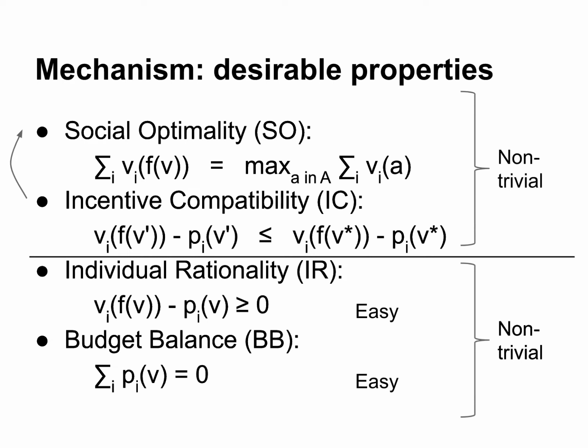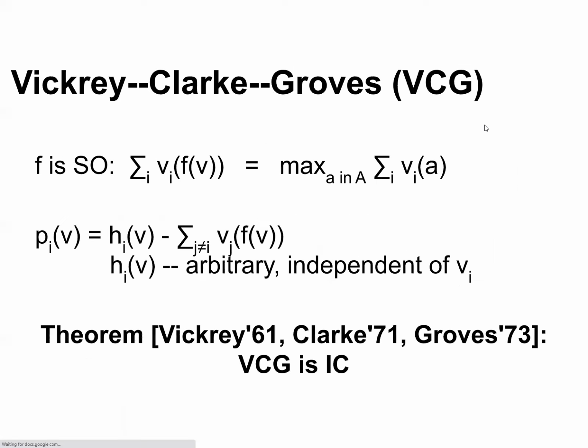All together, no. Two of them together, possible but not trivial. For the mechanism to be socially optimal, it should better be incentive compatible, because you need to know the users' preferences before we can maximize the evaluations. And how to do that? Well, here is the answer.